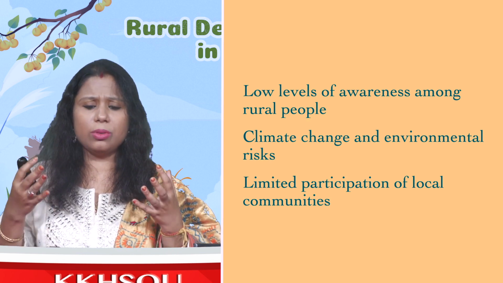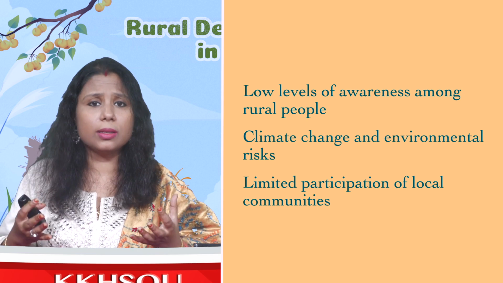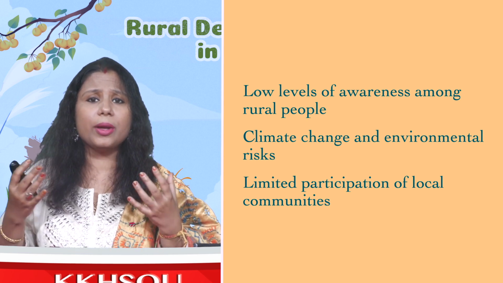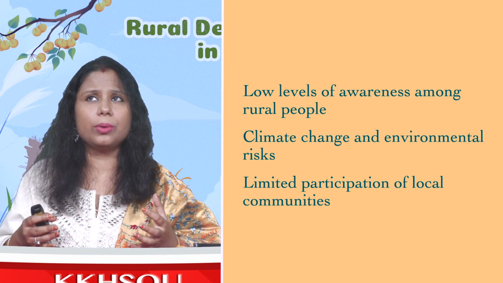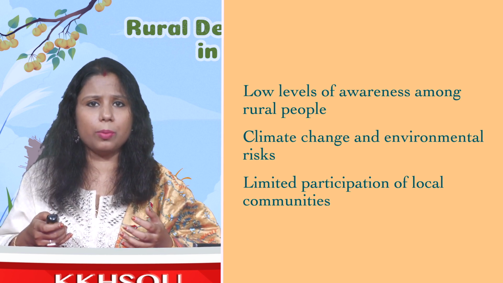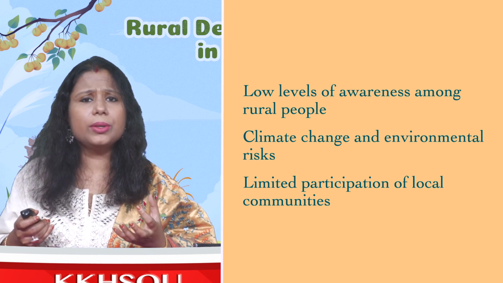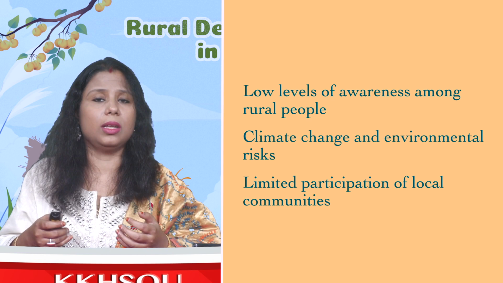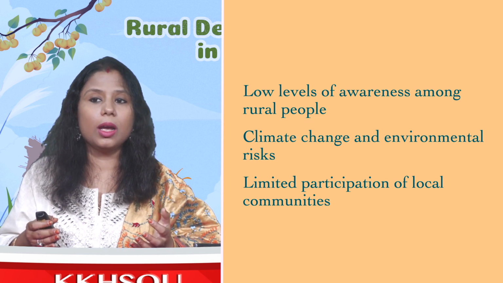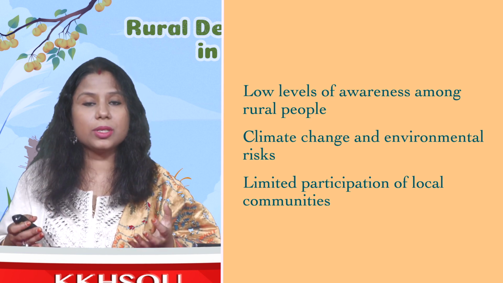All these things have become very uncertain. Climate change has brought precarity and uncertainty, which has increased challenges for the rural population. Then another challenge is the limited participation of local communities in the decision making process, or in the developmental process.